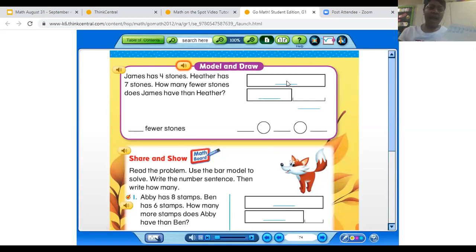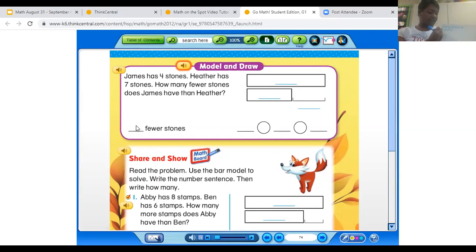So, how many fewer stones does James have than Heather? Heather has 7. James has 4. He has, let's see, 1, 2, 3. He has 3 fewer stones. So we're going to write 3 right here. And what is our subtraction sentence?